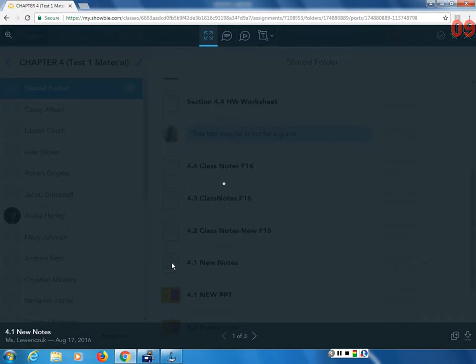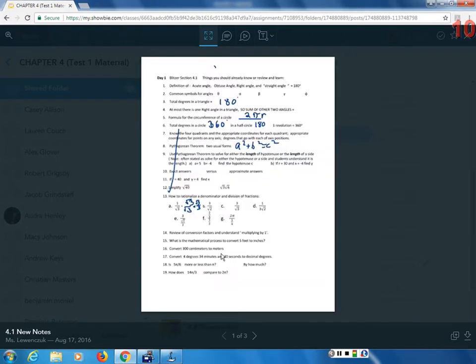It has double space. It has 6 pages in D2L and 3 on here. And today, after I go over all this other stuff, we're going to start on the notes, but we're not going to do the day one material.